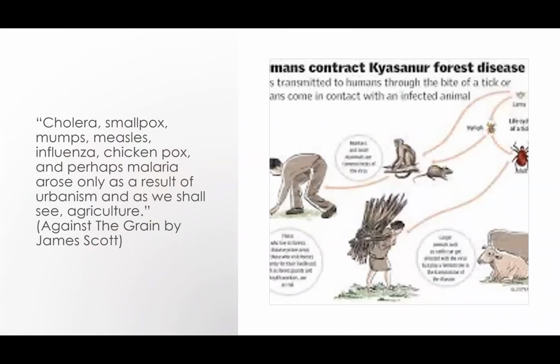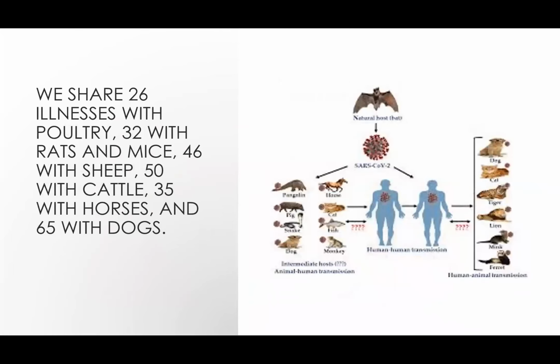Cholera, smallpox, mumps, measles, influenza, chickenpox, and perhaps malaria arose only as a result of urbanism and, as we shall see, agriculture. We share 26 illnesses with poultry, 32 with rats and mice, 46 with sheep, 50 with cattle, 35 with horses, and 65 with dogs.